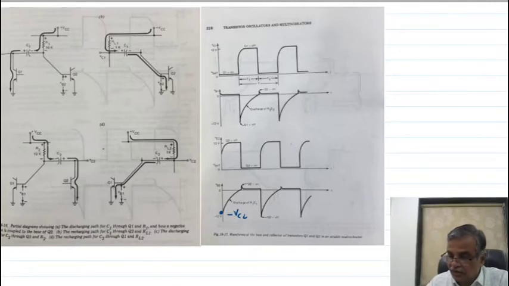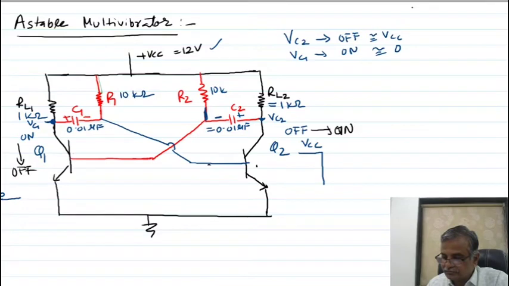Look here. Now I am telling you, remember, this transistor remains in an off condition depending upon the discharge of C2 and R2. It means it depends upon the time constant of R2 C2. This remaining off condition depends upon this time constant. So you can say the output is given to the input of this, and the output of this is given to the input of this.